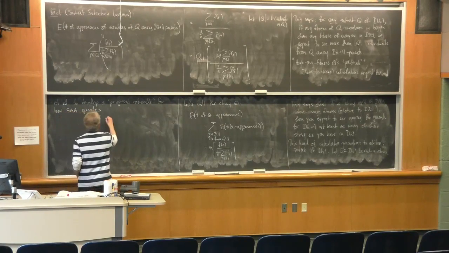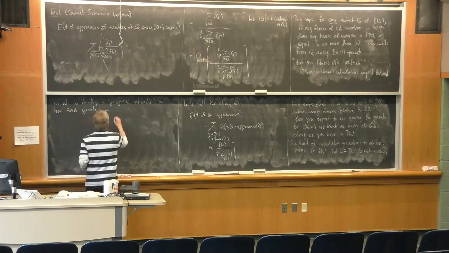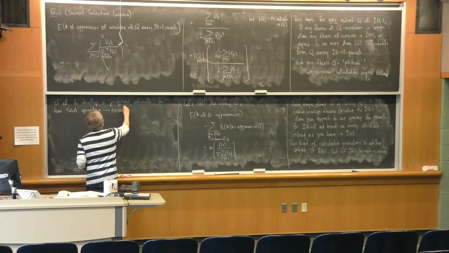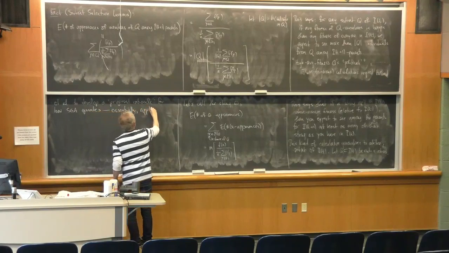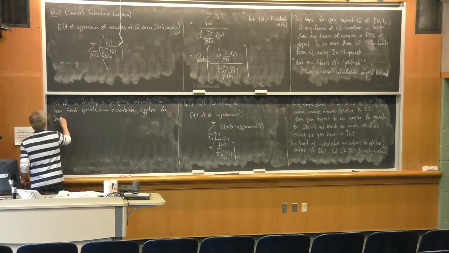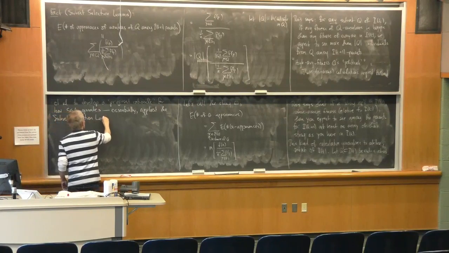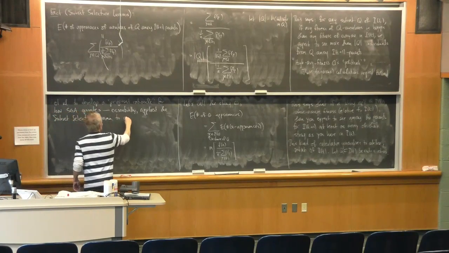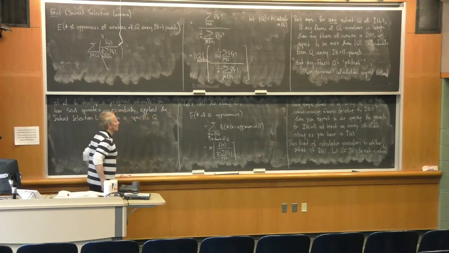So how the SGA operates, and the analysis they did was based on the idea of a schema. We'll get to that. Essentially, what they did was they applied the subset selection lemma to a specific Q. Okay, so what is Q?